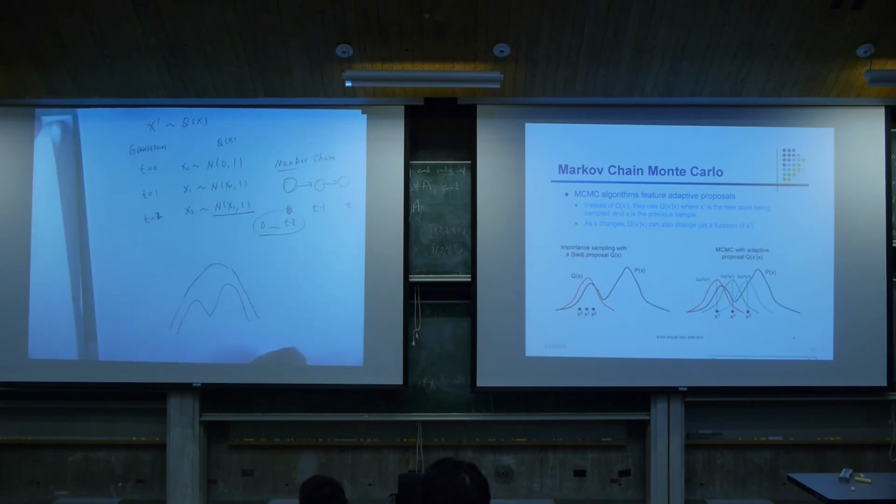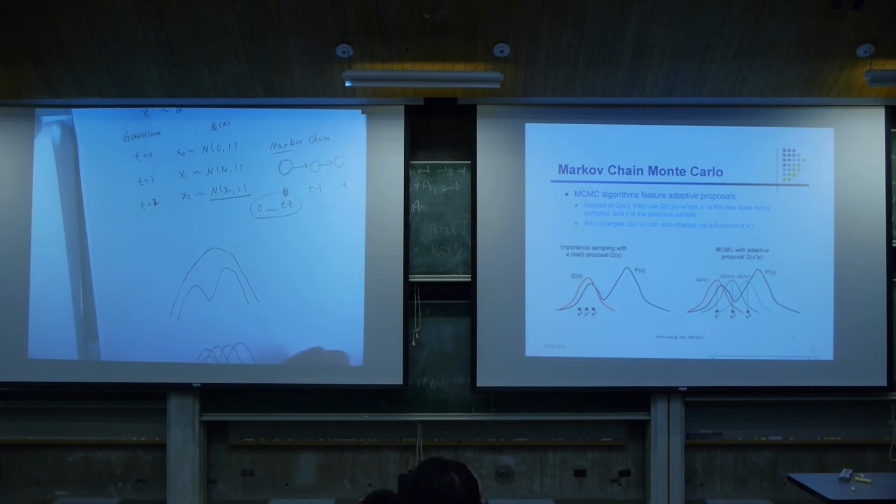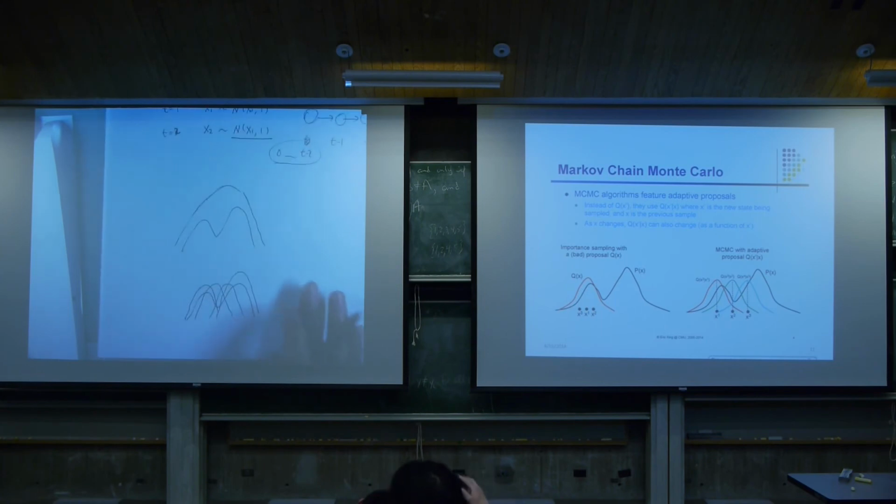But if you use adaptive Q, at time t, the Gaussian might be like this, and at t equals 1, it moves to here, and at t equals 2, it moves here, and 3 moves to here. You also have another peak. Another peak, you mean here, and you can also move back. Yes, you can. The adaptive Q can move in between these two peaks.